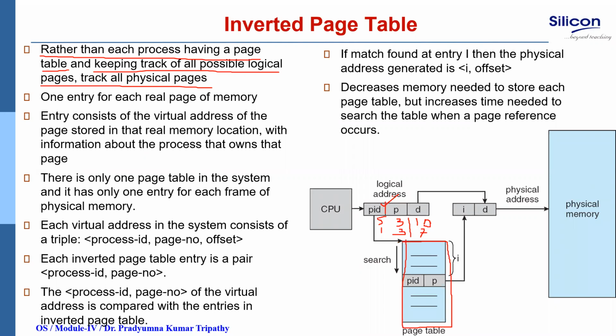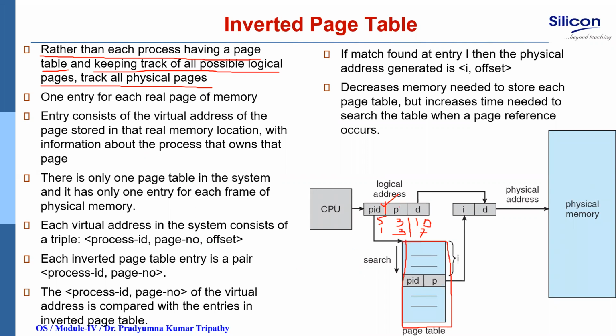So if very short, small processes are there, their information may be kept in one page table. We'll add a process ID column in the page table, and the processor will generate 3 things: process ID, page number, and displacement. That table is called the inverted page table.